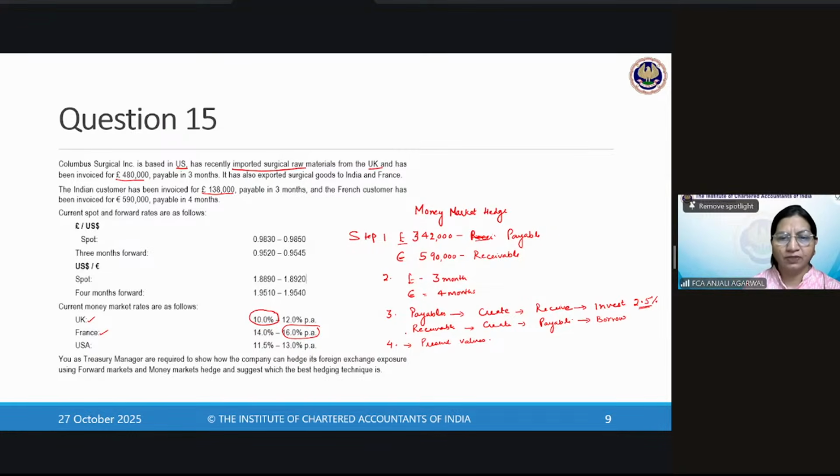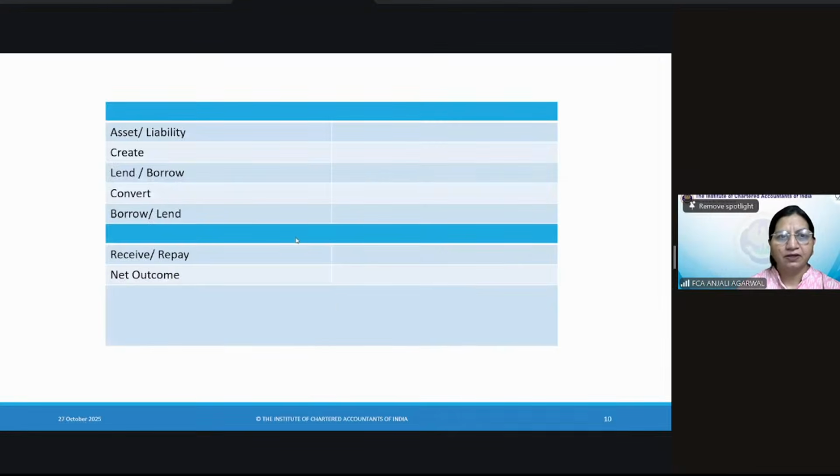If you have to borrow that, you will get it converted into US dollars and invest in US. So once again, for investing in US, this is the investment rate and this is the borrowing rate. The borrowing rates are higher and the investment rates are lower, right? I hope you remember this is what we did in the last session. So this is how you will create a template for the money market instruments.